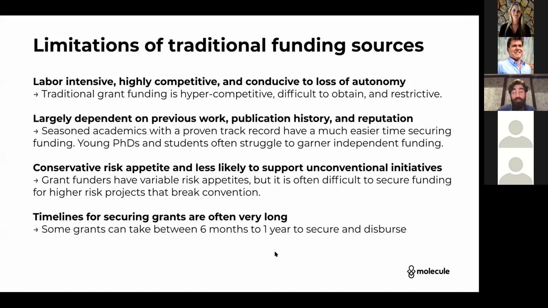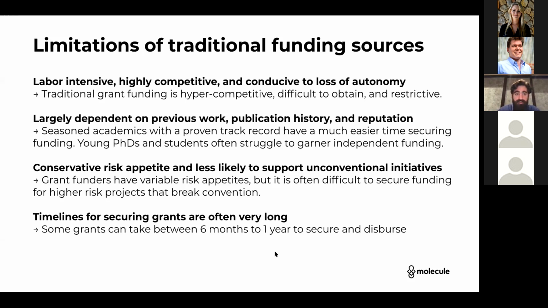Your ability to secure grants is largely dependent on your previous work, your publication history, and your reputation, for example. Ultimately, this means that seasoned academics with a proven track record are the applicants that are securing grants. Young PhDs and students can secure grants, but it's often a lot more difficult for them to secure independent funding compared to someone who has a proven track record.